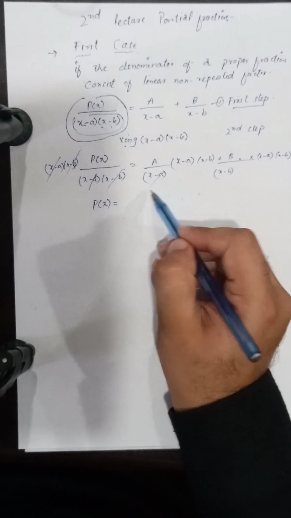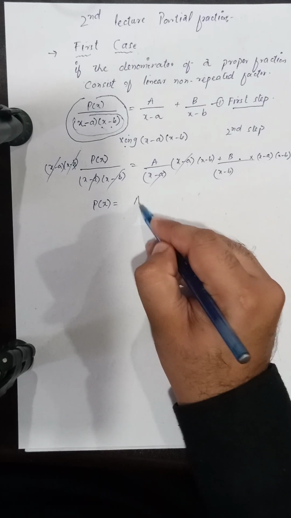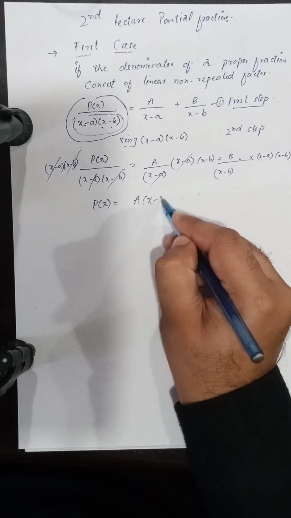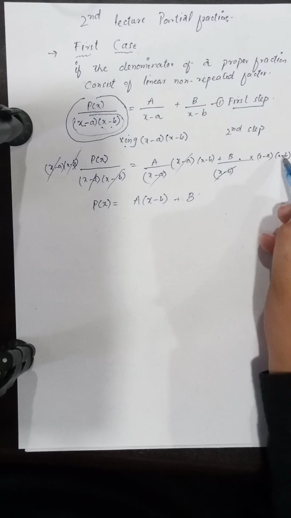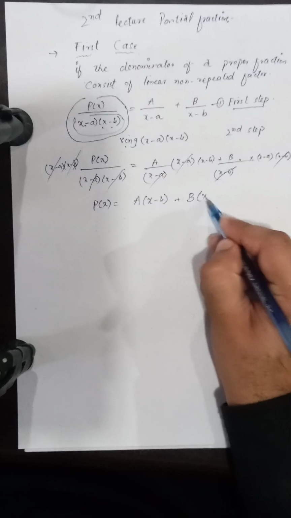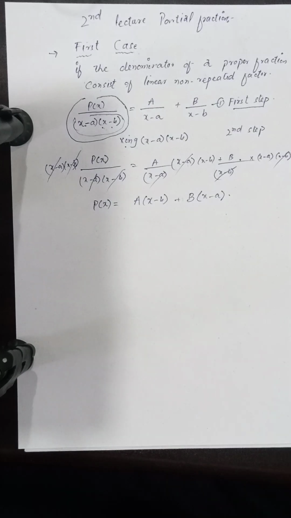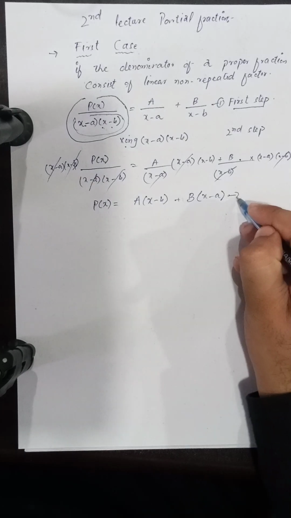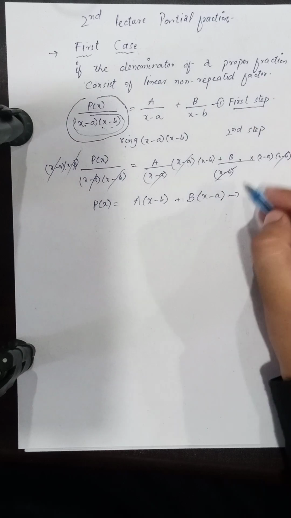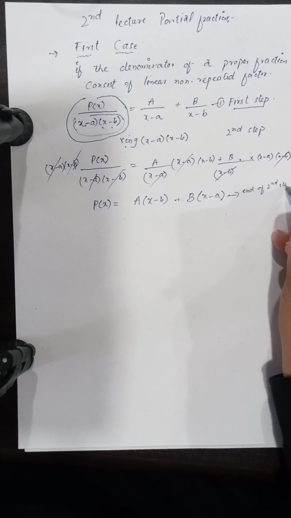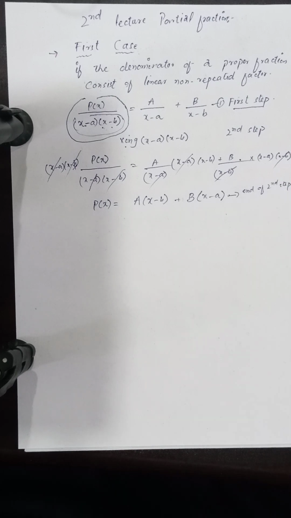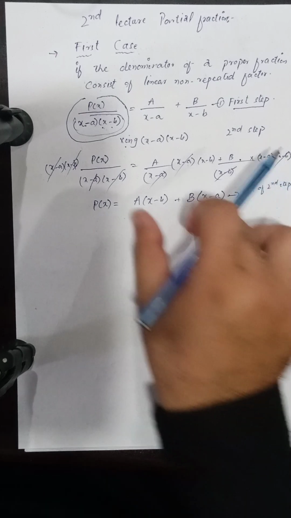On the right, x minus a cancels out, so A will be left with x minus b, plus B, where x minus b cancels out, so B will be left with x minus a. This is the end of the second step. Now we have to find the roots.